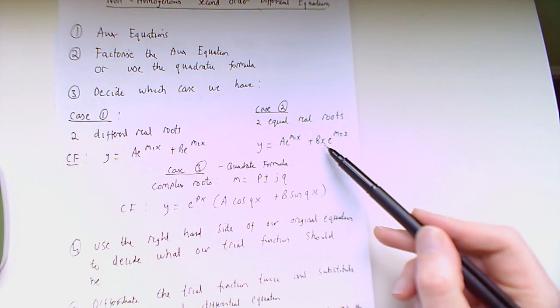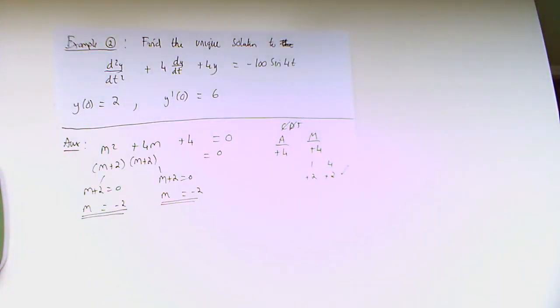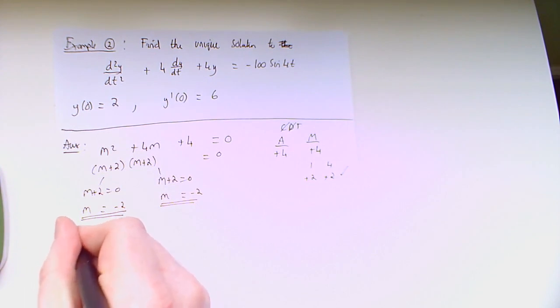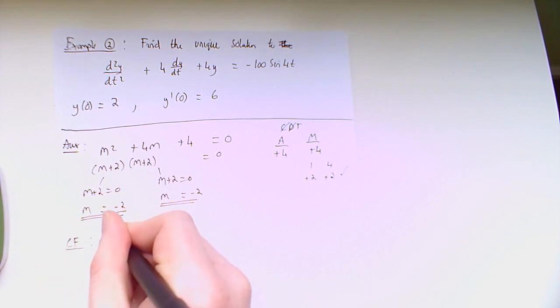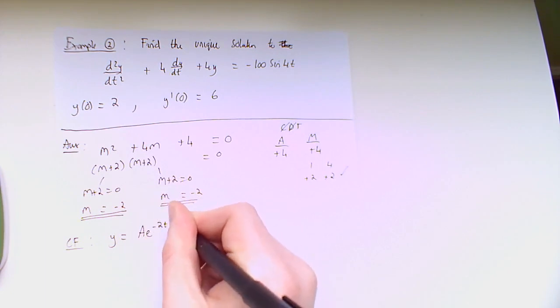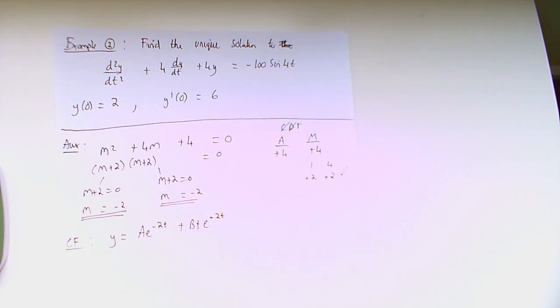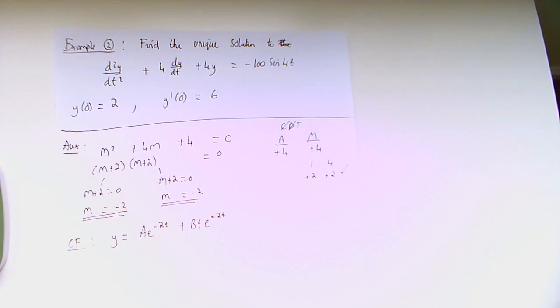But obviously we are not using x's, we are using t's. So that means our complementary function is y equals ae to the negative 2t plus bt e to the power of negative 2t. So that is the complementary function to my differential equation.